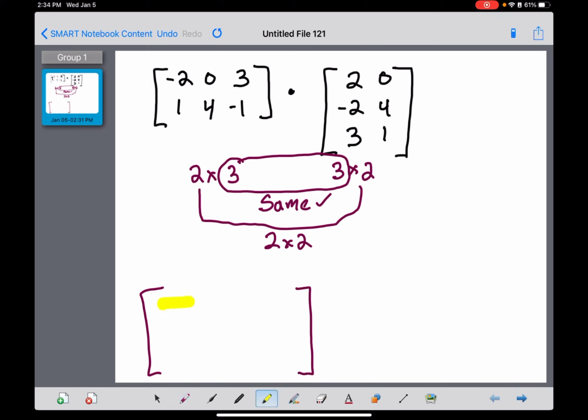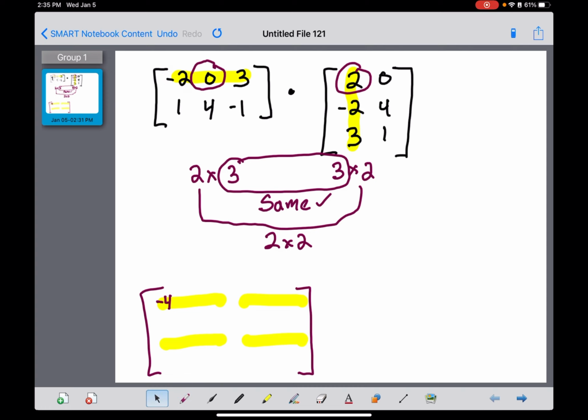So I've got these spaces that need to be filled in. We multiply rows with columns when we're doing these. So I'm going to take -2, the first element of this one, times the first element of that one. So it's -2 times 2, which is -4.